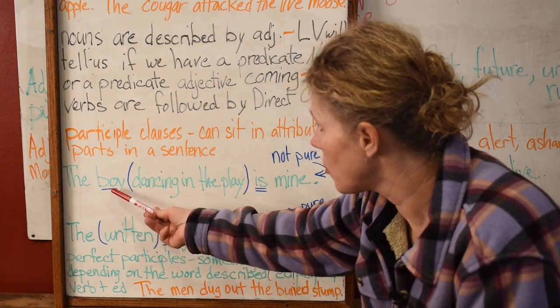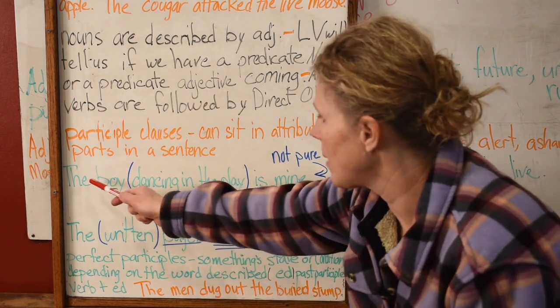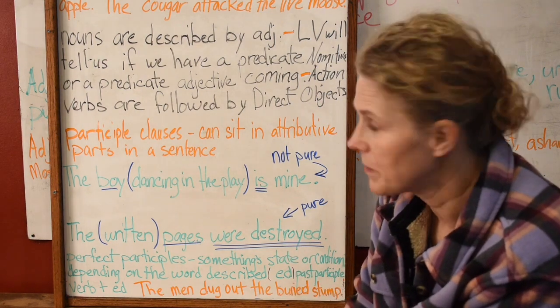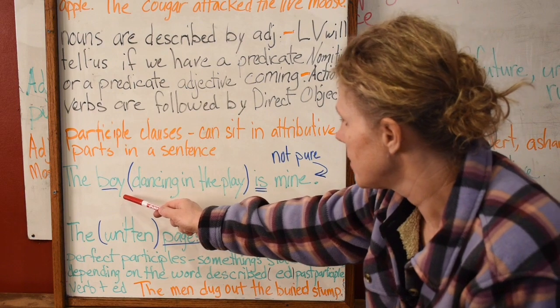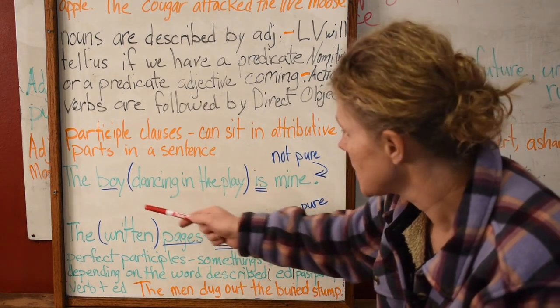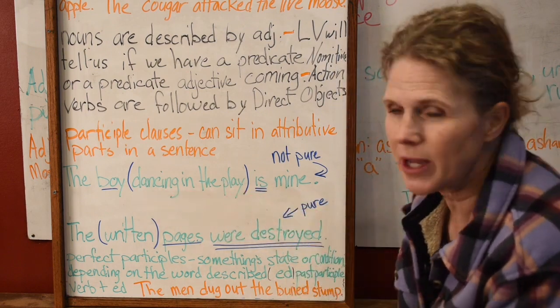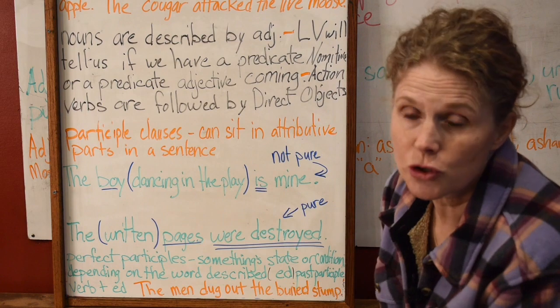Most of the time, you would see the attributive position right before the noun. So this is not a pure attributive position. We have lots of words that go like this, because you can't even say the dancing in the play boy, that's goofy.